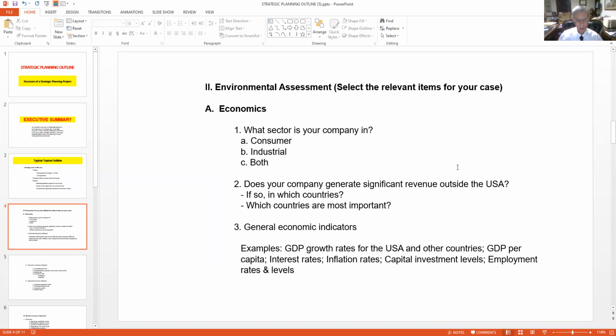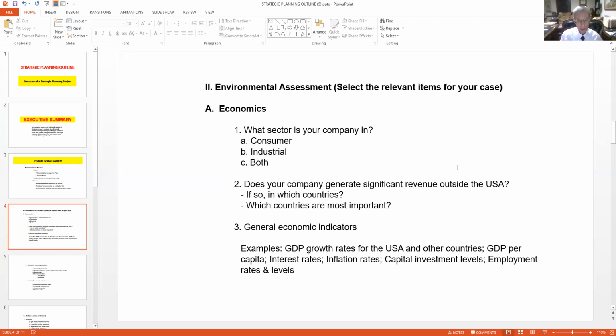So if your company is in consumer products or services, that tends to encourage collection of economic information that is relevant to consumers. Inflation rates these days are a pretty important item in that regard.